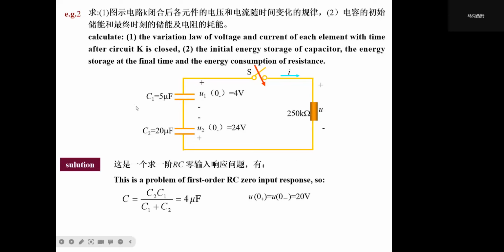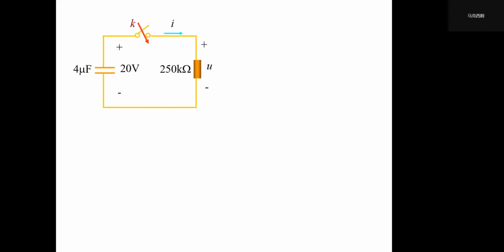Since those two capacitors have an unassociated reference direction, their total voltage will equal 20 volts. So we can directly use the conclusion we have for the RC circuit. Tau equals R times C, 250 times 4 times 10 to the negative 3. So tau is 1 second.